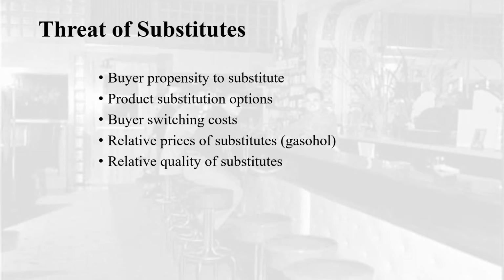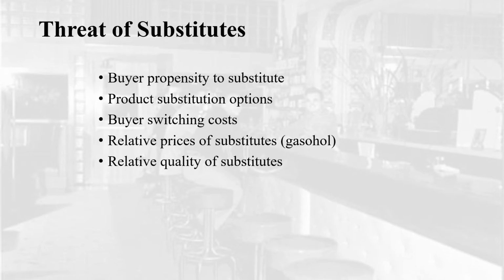On the other hand, gasohol was simply you put gasohol in your gas tank rather than regular gasoline. And so there was really no switching cost, at least not in the short run. In the long run, it turned out that ethanol was hard on certain kinds of plastic parts in your automobile. And of course, you all know that automobiles have a number of plastic parts associated with them.